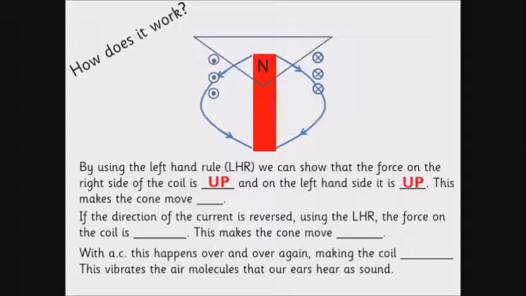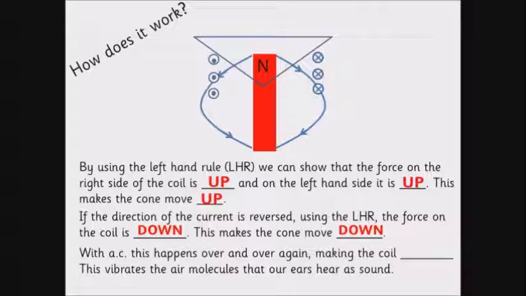Okay, so the forces up push the cone upwards, and if you reverse the direction of the current, that forces the cone downwards. Now, when you use alternating current, this happens all the time, so the direction of the movement of the speaker cone matches what the alternating current is doing, and we would say the frequency of the alternating current matches the frequency of the loudspeaker's movement.